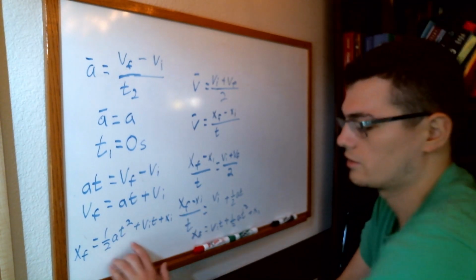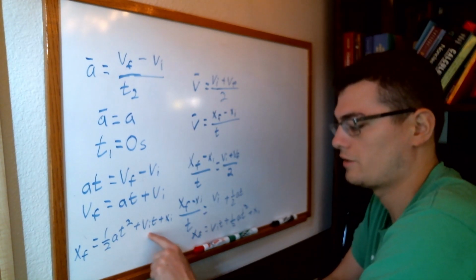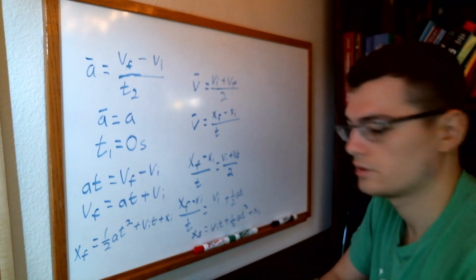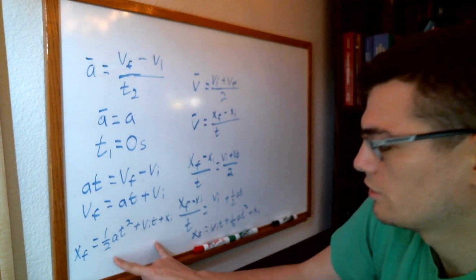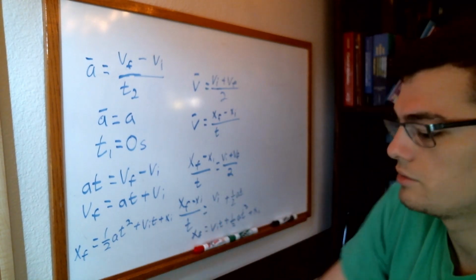So you have your quadratic term here, you have your linear term here, and this is your initial condition here. And this is going to be for constant acceleration only, just so we have that.